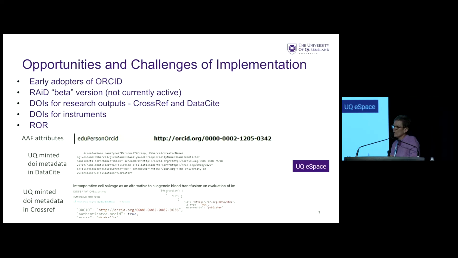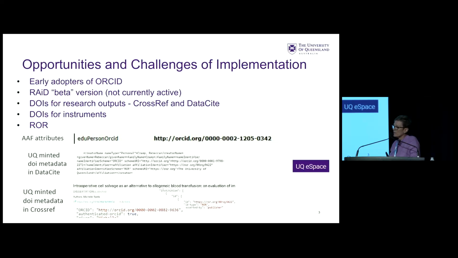We also were instigators of the idea of RAiD, and we were involved in the beta version of RAiD, but it's since moved on quite a lot under the ARDC. We're currently not using RAiD for a number of reasons, but we have the ability to roll that back up quite quickly if we want to.